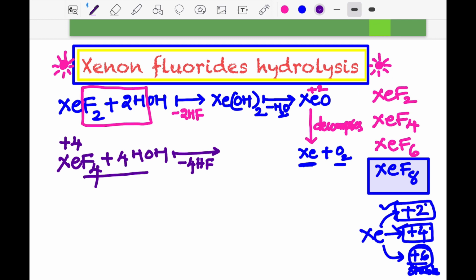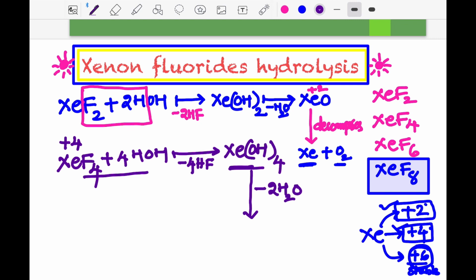So this gives us Xe(OH)4, which is again unstable, and it undergoes dehydration. It loses water. How many water molecules can it lose here? Because 4 hydrogens are there, it can lose a maximum of 2 water molecules.